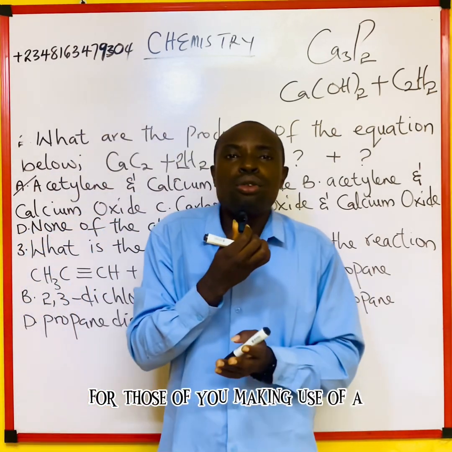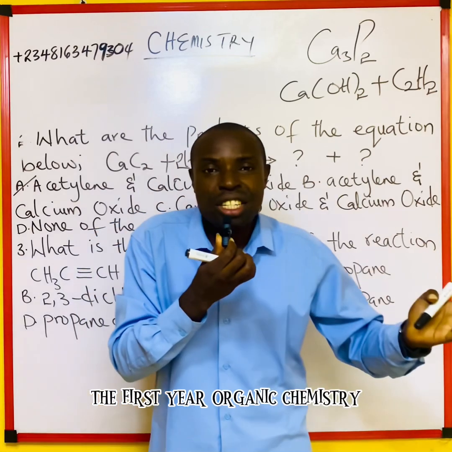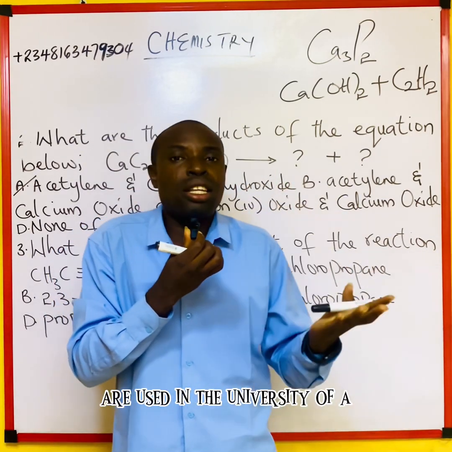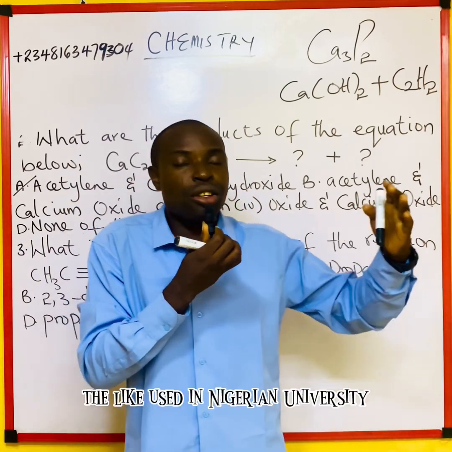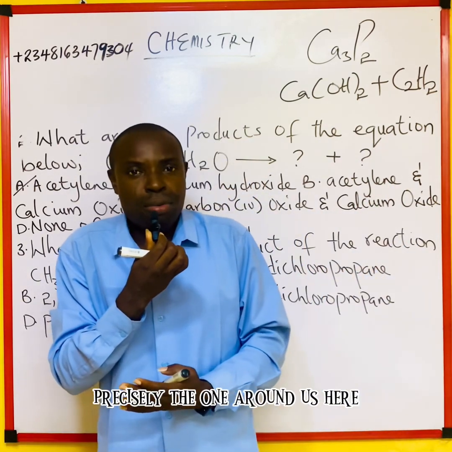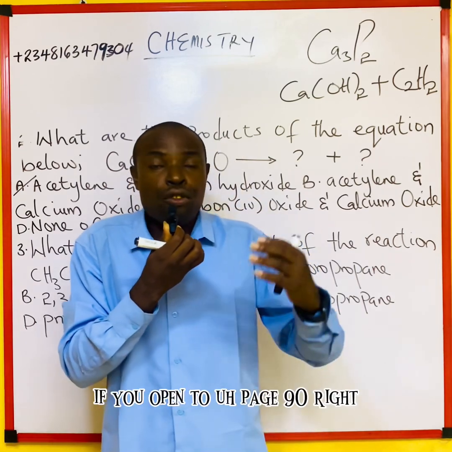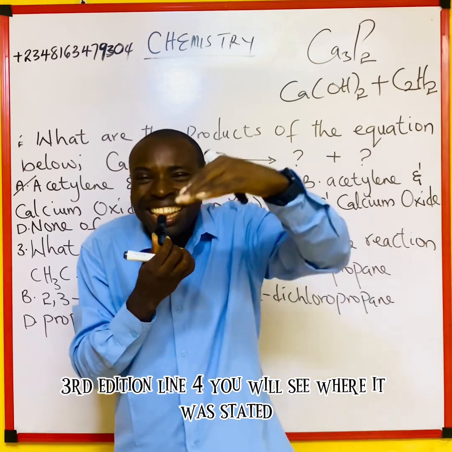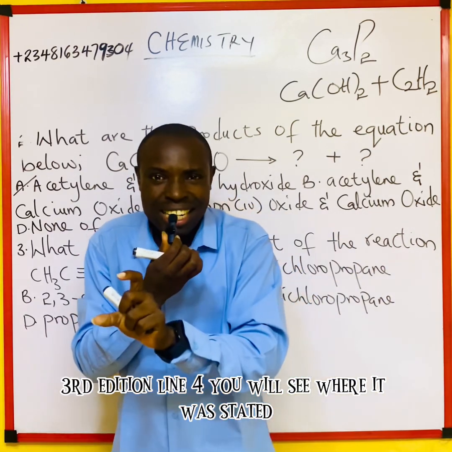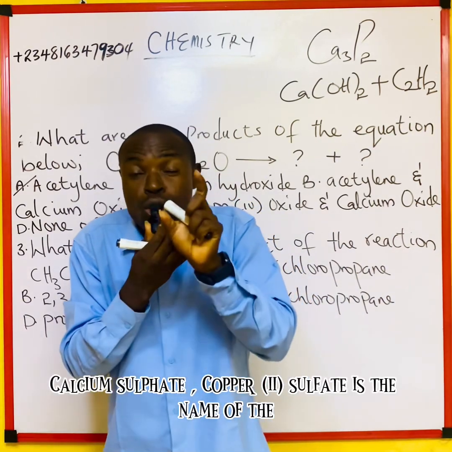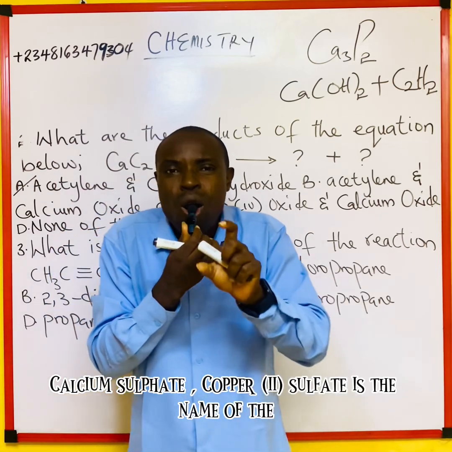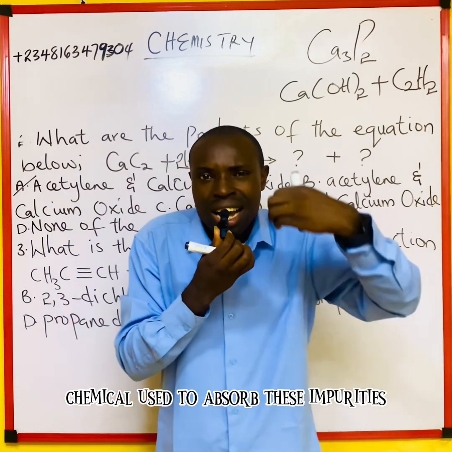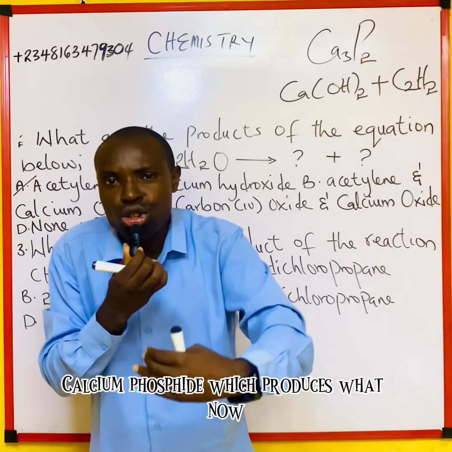For those of you making use of the first year organic chemistry used in Nigerian universities, precisely the one around us here, if you open to page 90, third edition, line 4, you will see where it was stated that copper 2 sulfate is the name of the chemical used to absorb these impurities, calcium phosphide, which produces what now?